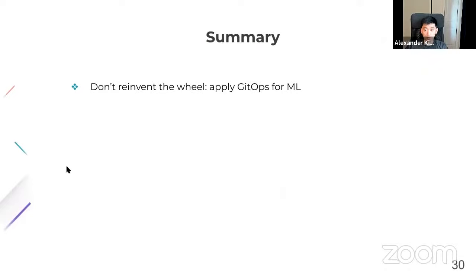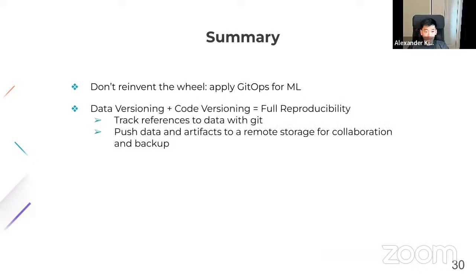So let's go to the summary. As I said, the entire philosophy of everything that I'm proposing today is to apply GitOps to machine learning projects, because we already have defined and proven best practices in software engineering that rely on Git. So we can leverage those. Then full reproducibility of experiments is important.